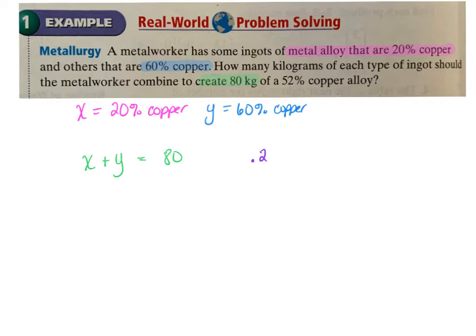So 0.2, if you want to use decimals, X, plus how much is the copper of my Y? As a decimal would be 0.6 Y. And that total should be 52% of my total that I'm getting. What is the total that I'm going to have? 80. So 20% of however much of the X I have and 60% of however much the Y I have should be 52% of the total that I'm going to have, which is going to be 80.